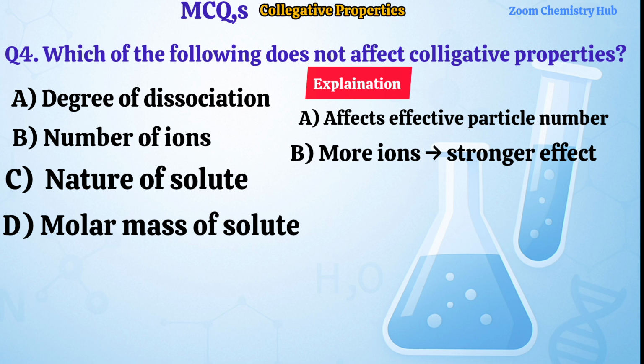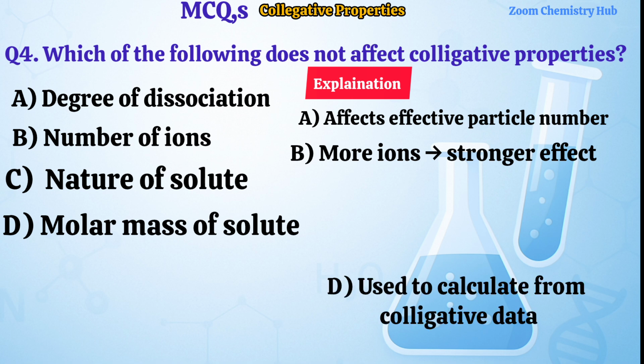Similarly, we take option D, that is the molar mass of the solute. The molar mass of the solute we can calculate directly from the colligative data, so it is also incorrect according to the question.